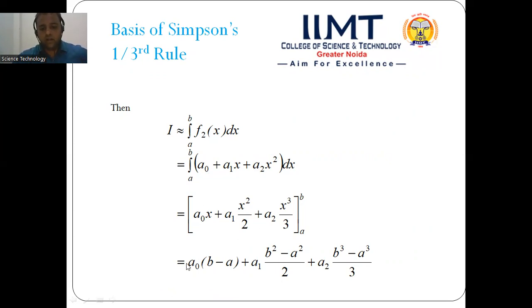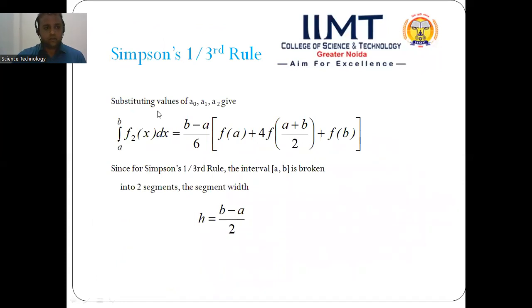By integrating and putting in the limits, we find these values. Here a0, a1, a2 are the unknown parameters, and we substitute their values in terms of a, b and the function value at the midpoint. Substituting the values of a0, a1, a2 gives this equation, which is (b minus a)/6 times [f(a) plus 4 f(midpoint) plus f(b)]. Since for our Simpson 1/3 rule the interval ab is broken into two segments, the segment width is h equal to (b minus a)/2.